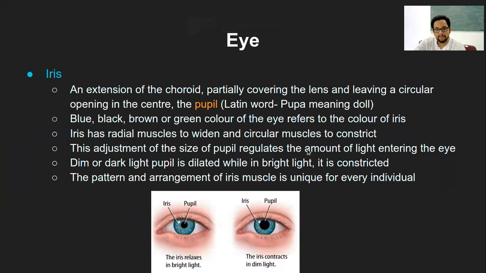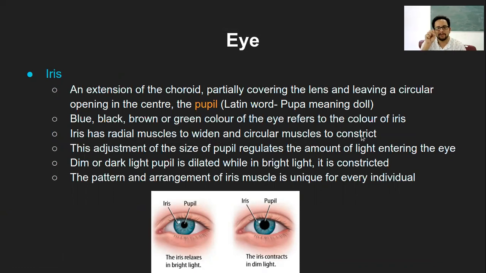Now the most important function of the iris is to dilate or constrict the pupil. The iris has radial muscles to widen, that is, to increase the size of the pupil, as well as circular muscles to constrict.